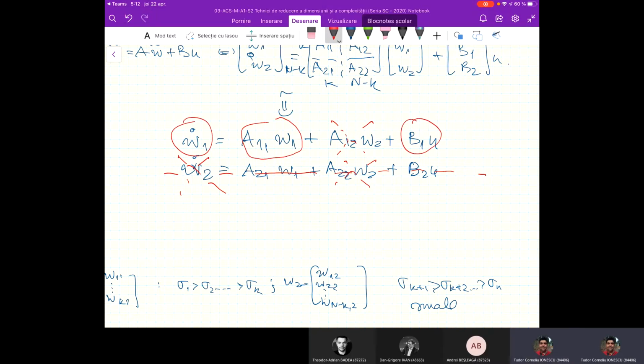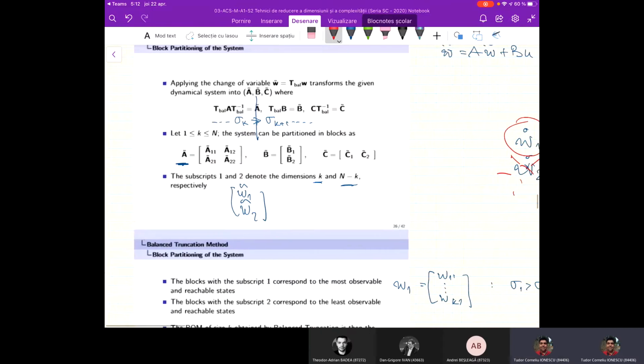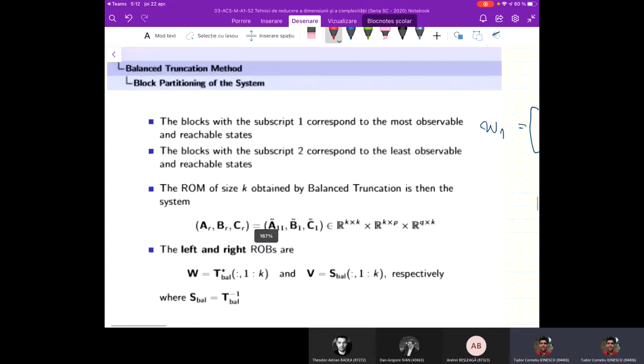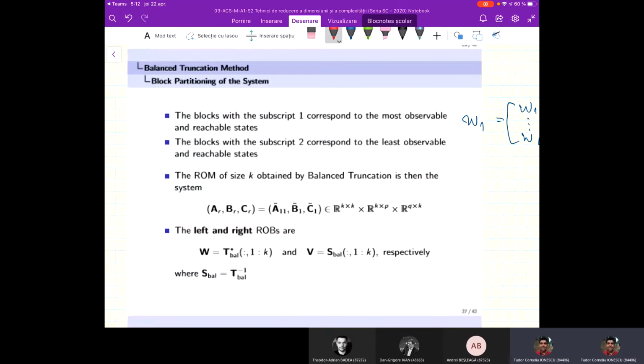This is called a balanced truncation of a given dynamical system, an approximation of dimension k. So the reduced order model of size k obtained through balanced truncation is then the system AR, BR, CR, which is given by these blocks of dimension k.